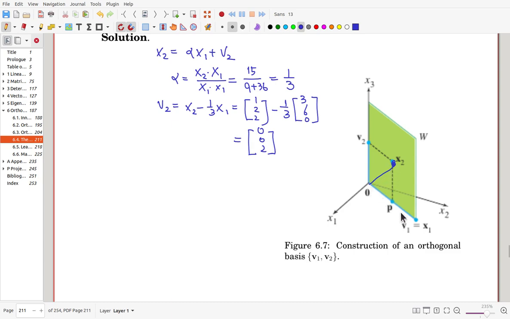So rather than x1, x2, we are now using v1, renamed, and the normal component v2. These two orthogonal vectors will span the same space, right?